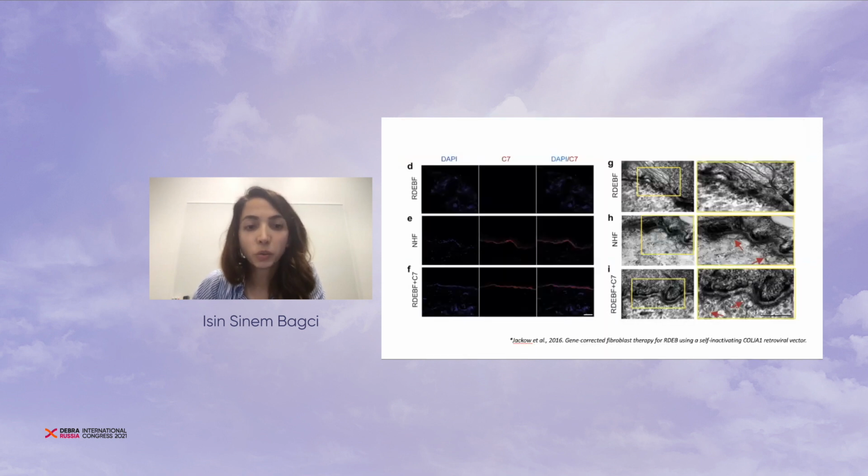Another group also showed gene transfer using fibroblasts with collagen 7 expression at the basement membrane, and in immunofluorescence examination, they showed the beginning of formation of initial anchoring fibrils extending from the basement membrane to the dermis.